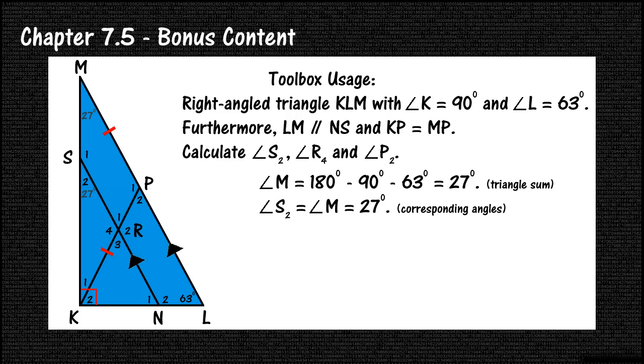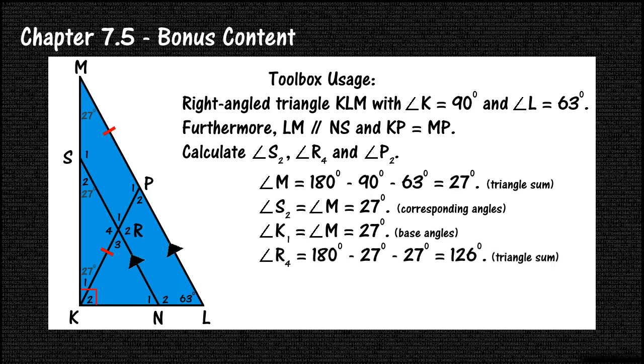As KP and MP are equal, that means KPM is an isosceles triangle, with K and M being the base angles. And this means that angle K1 is also 27 degrees. And with those two angles known, I can calculate the size of angle R4. 180 minus 27 minus 27 is equal to 126 degrees.